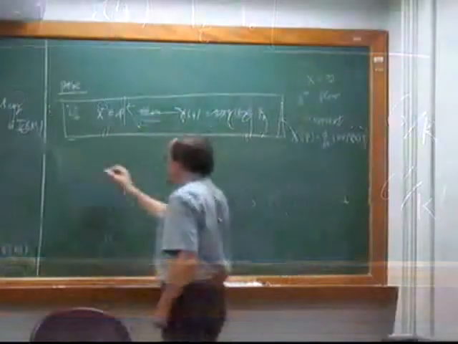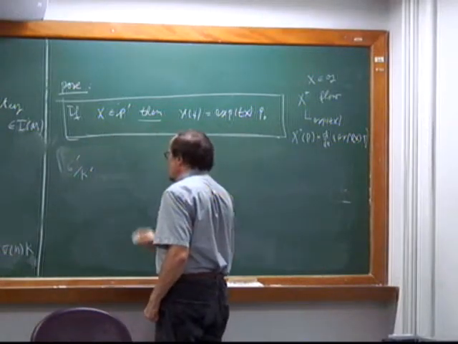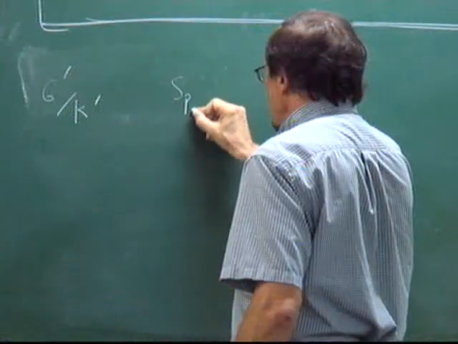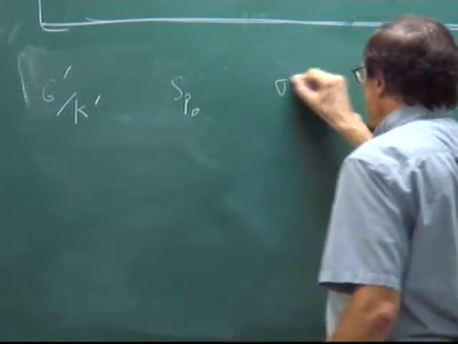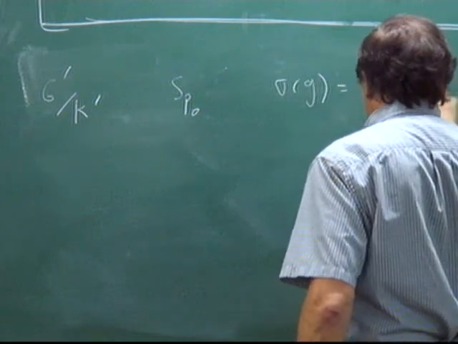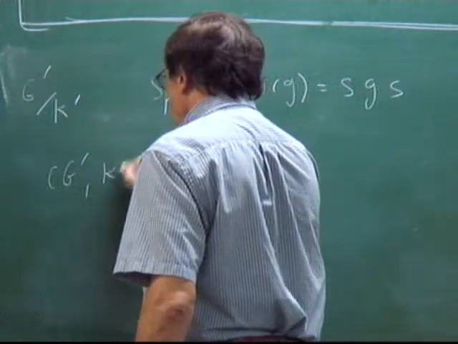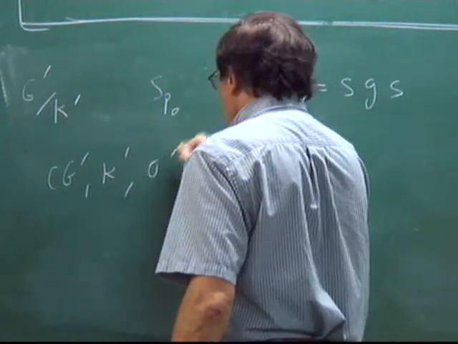So for G prime, K prime, I have two ways of looking at it. I have the symmetry at the point p naught. Then I have the automorphism, which takes g to conjugation by s. And then, of course, G prime, K prime, sigma prime is a symmetric pair.